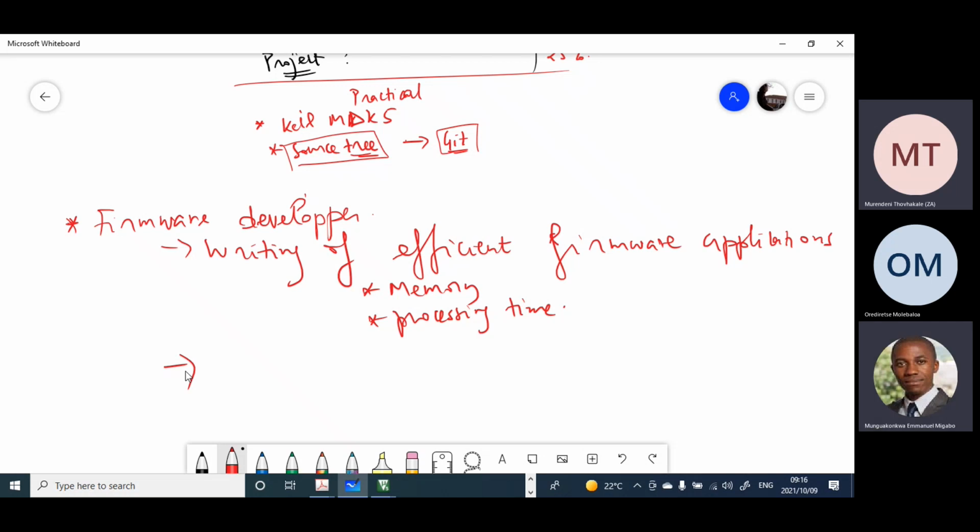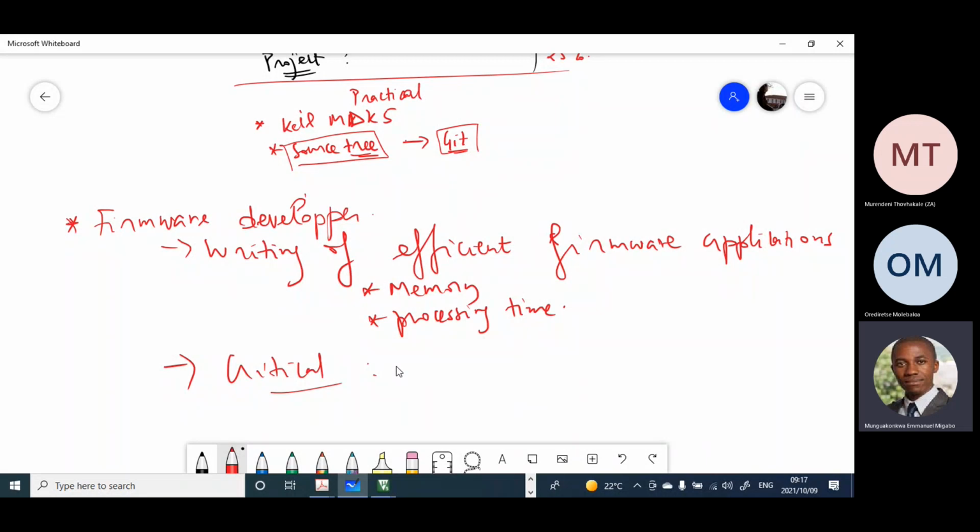Okay. Yeah, that's the purpose of this first chapter, to really refresh your mind. So when it comes to a firmware developer, it's actually critical to know the architecture of the mini computer, in this case the microcontroller. Why is it critical? Because as a firmware developer, we are closer to machine language.